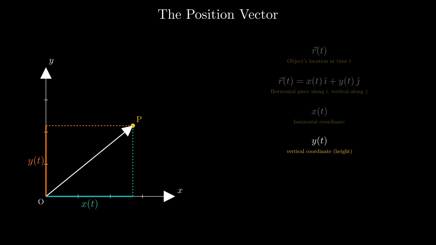Each is a function of time because the object moves. i hat and j hat just point those two pieces in their proper directions. So the single position vector is nothing more than a horizontal coordinate and a vertical coordinate, bundled together with direction. Two numbers, evolving in time, completely pinned down where the object is.